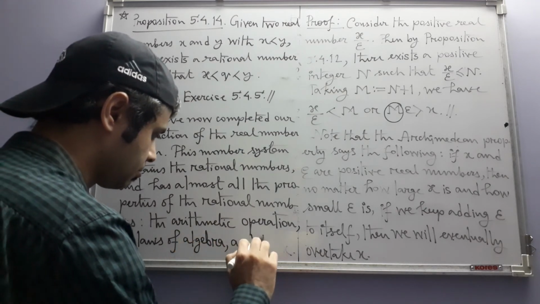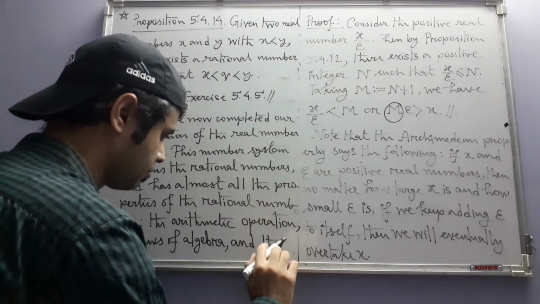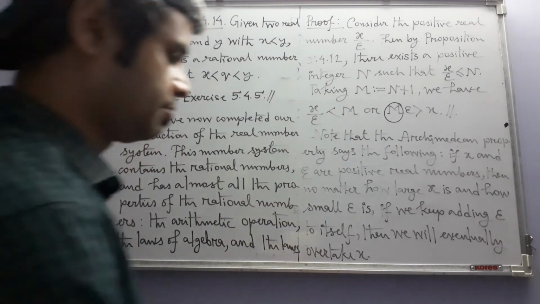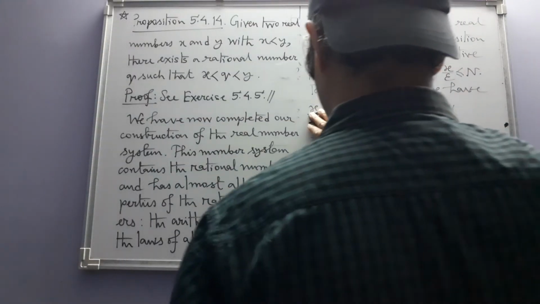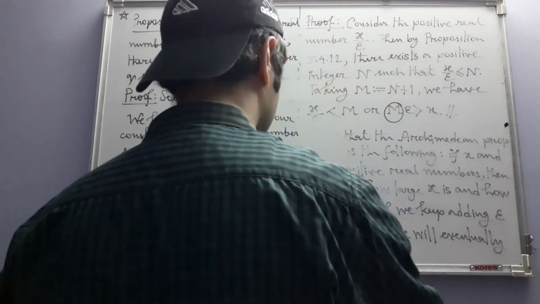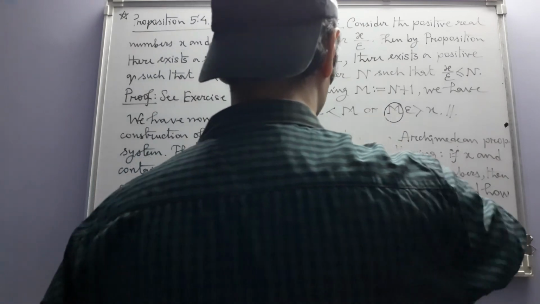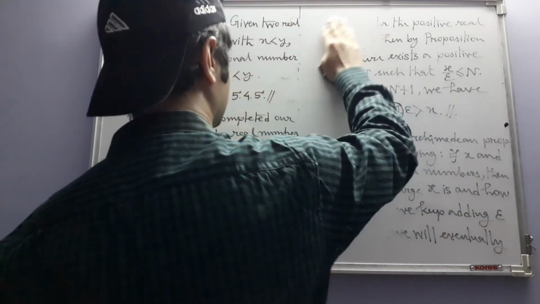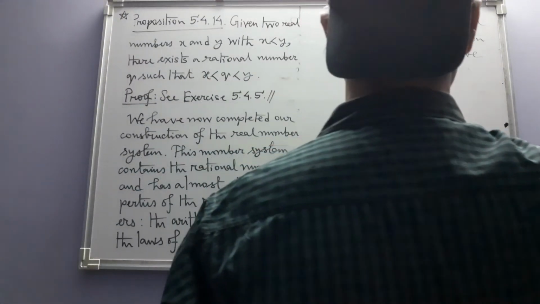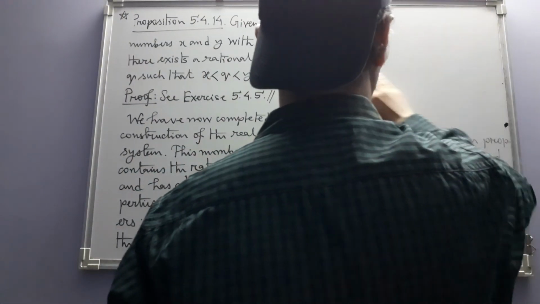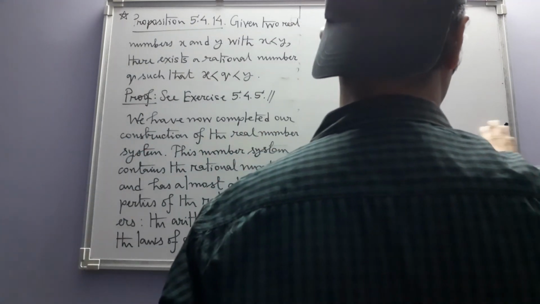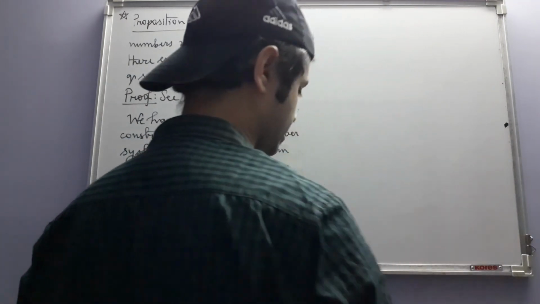And the laws of order, they are also similar. For example, we have trichotomy. Any two rational numbers are either equal or exactly one of them is greater than the other. Similarly, any two real numbers are either equal or exactly one of them is greater than the other.